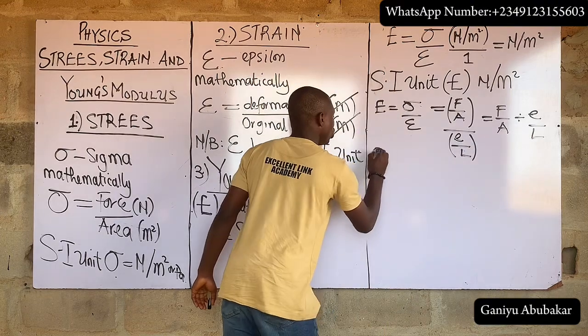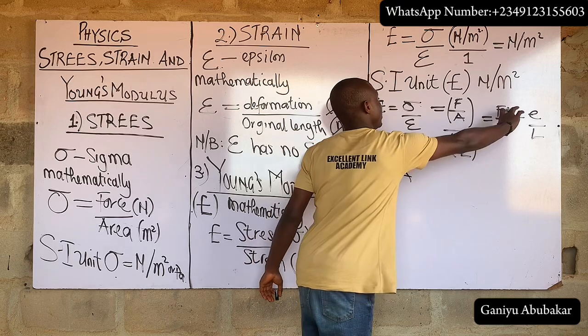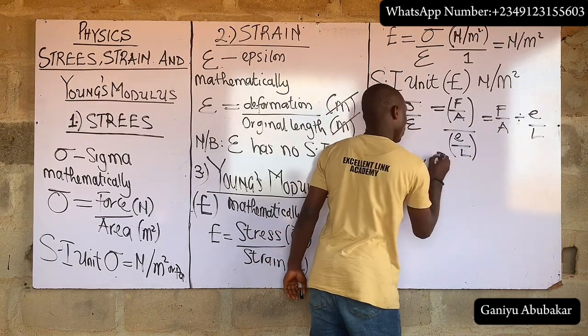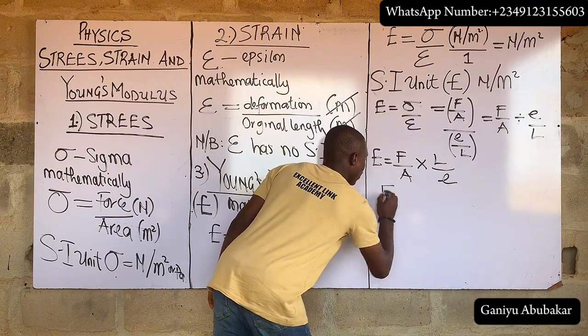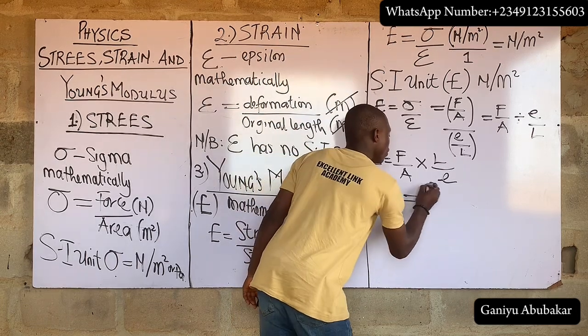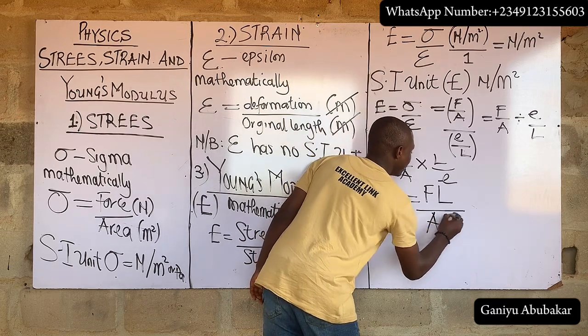From here, Young's modulus E is equal to F over A. So change the division to times, and invert the L over extension. Combine this, and I can also express Young's modulus as the product of force and length, over the product of area and extension.